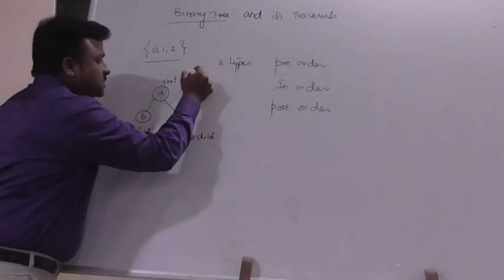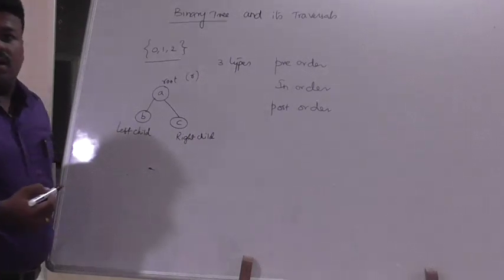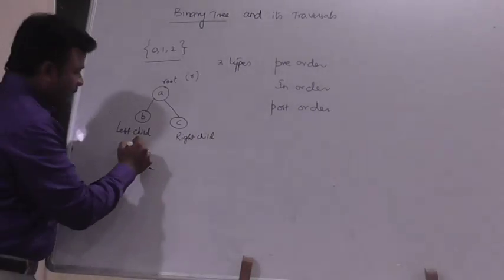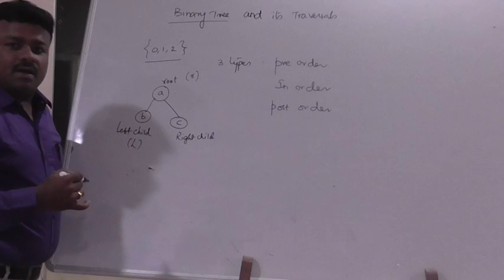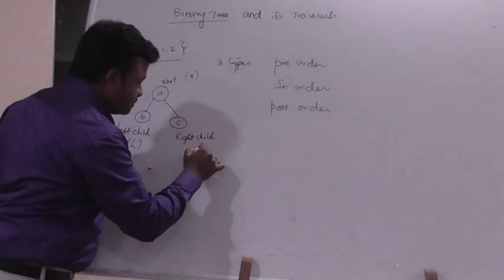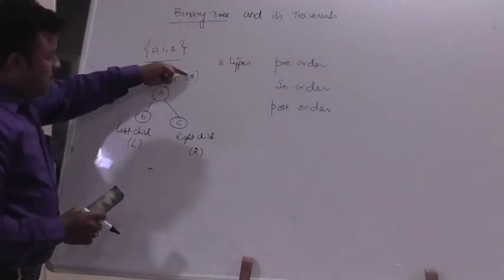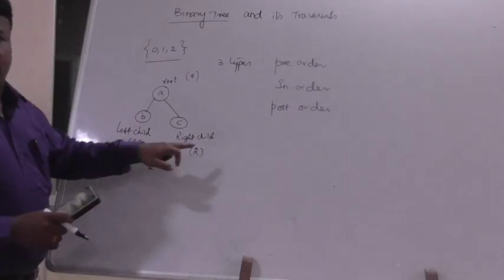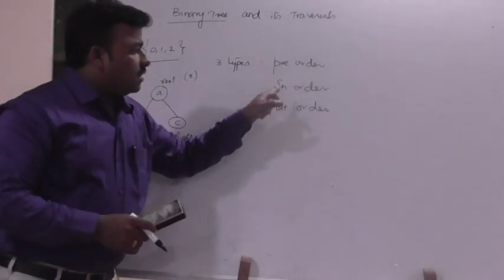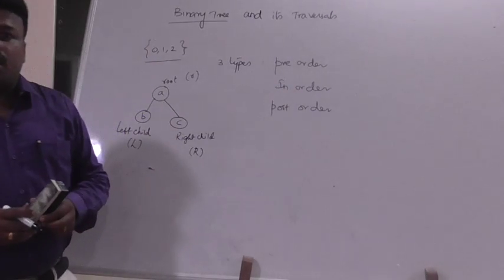And coming to its notations, let it be small r, capital L, capital R. Now, based on these positions, we are having pre-order, in-order and post-order.